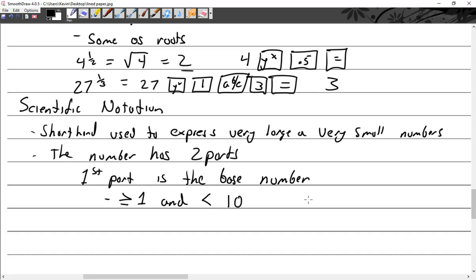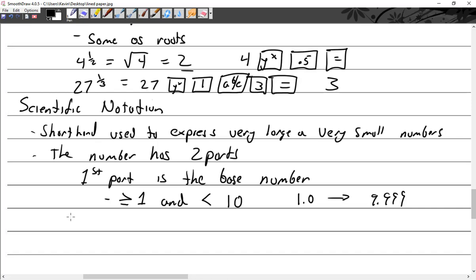So I could have 1.0 all the way up to 9.999 or something like that. But the base number has to be between these two. I can't do a base like 10.2 because it's too big. I don't know who made up this rule, but that is the rule.